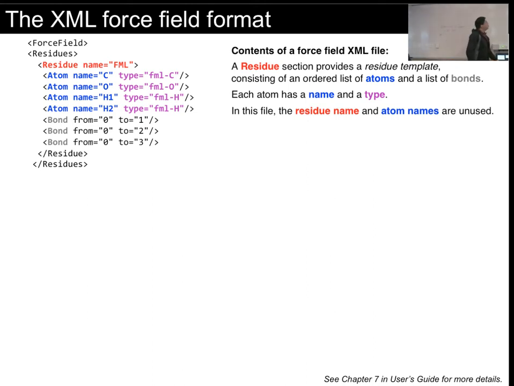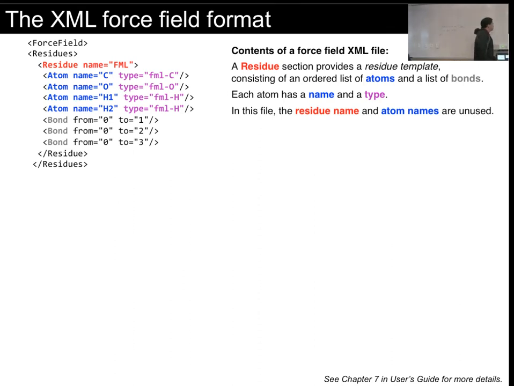But there is something called the atom type, which is going to become really important soon. Because the formaldehyde residue, I've decided to call it FML, the atom types I use are FML dash followed by the name of the chemical element. That's just the choice that I made. You can really use any name you want for the atom types, although it's best to be systematic. And the atom type doesn't actually show up in the PDB file.